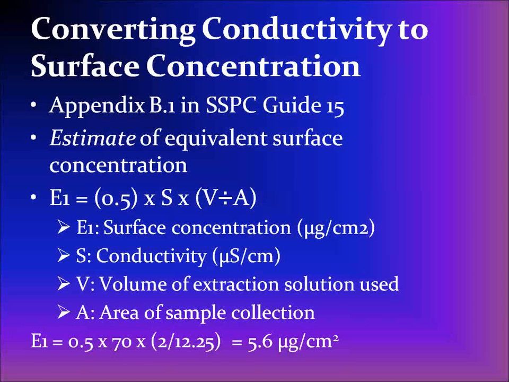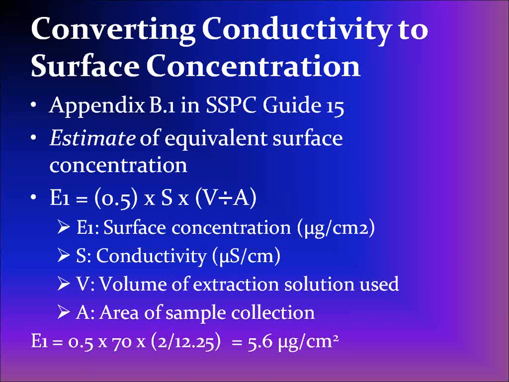Appendix B1 in SSPC Guide 15 provides a formula to convert a conductivity value generated using a conductivity meter over to surface concentration. The formula is E1 is equal to 0.5 times S times V over A, where E1 is the surface concentration of chloride in micrograms per square centimeter, for example, what we are solving for.